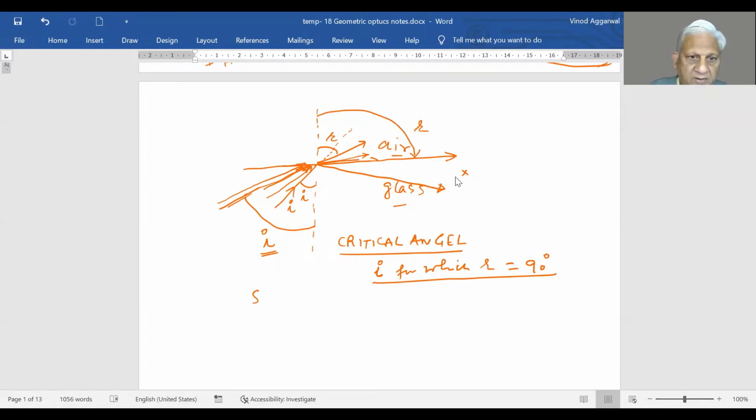Now if we write in terms of sin I over sin R, at the situation when I becomes critical, we denote it as theta critical, and at that time R is 90 degrees.